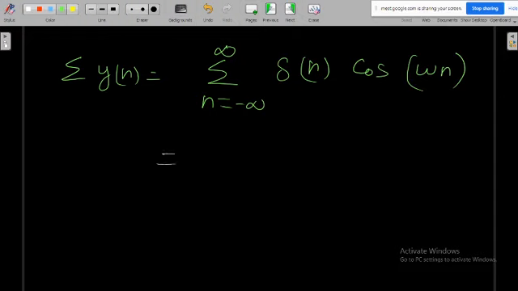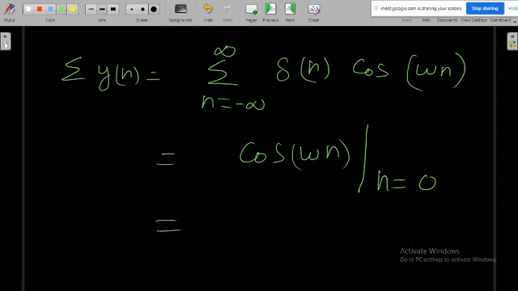Simply you write this function cos omega n as it is. Then what is the value of n? The delta n is valid only when n is equal to 0. Then you substitute that value here: cos of omega 0, so the answer is 1. So instead of applying all the values directly, you can write this.